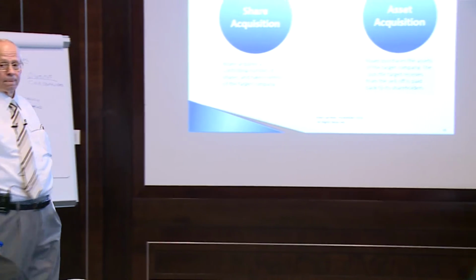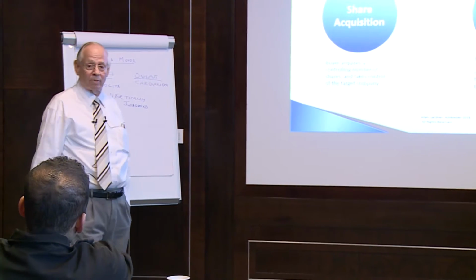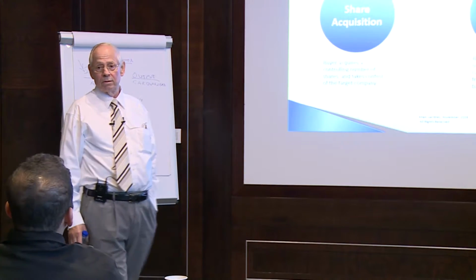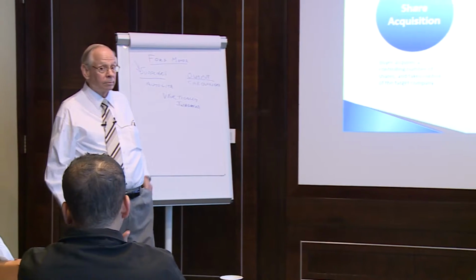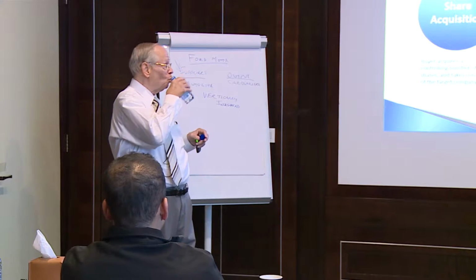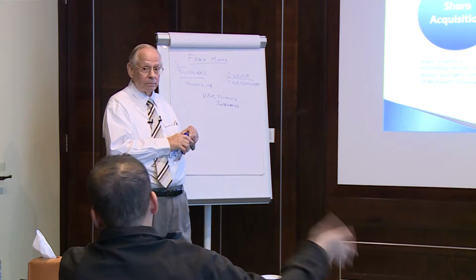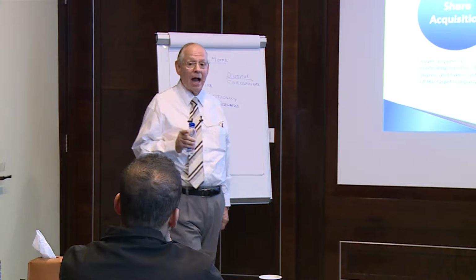How come this? Well, the company who did the asset acquisition maybe wasn't publicly traded. So if I'm a company and I want to make an acquisition of another company, I will buy some shares from that company, assuming that company is publicly traded and has stock.